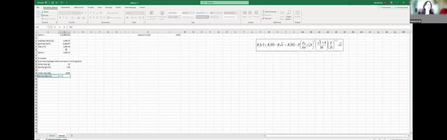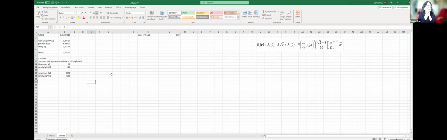Okay, if you agree with me, I will make it kilogram per cubic meter. And you agree with me that this is 1,260. So we solve our problem here.